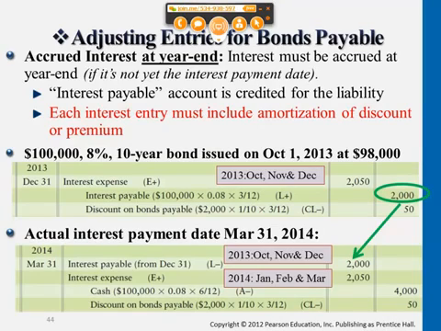If we push back a month to April 30th, the account is still the same, interest payable, but this part would only be for November, December. This part, the purple box, the second one, will be for January, February, March, and April, for 4 months. Okay, so the cash part is the same. We're paying cash for 6 months. Discount on bonds payable, this part will change to 4, because we're accounting for this next year, 2014, it'll be 4 months, January all the way to the end of April.